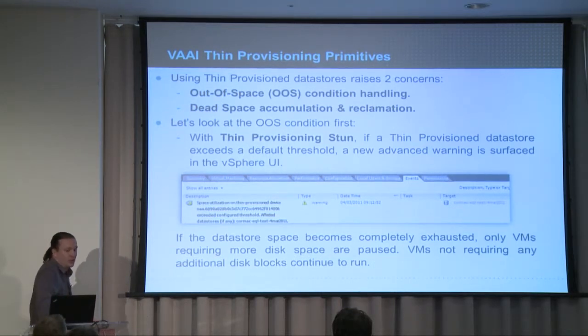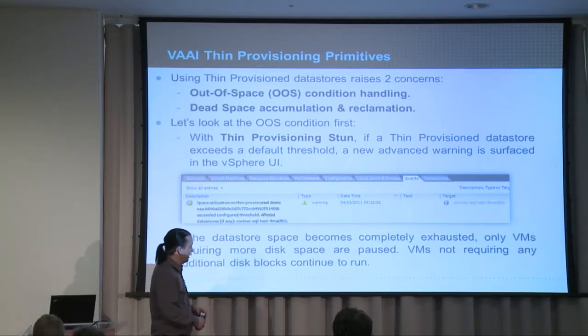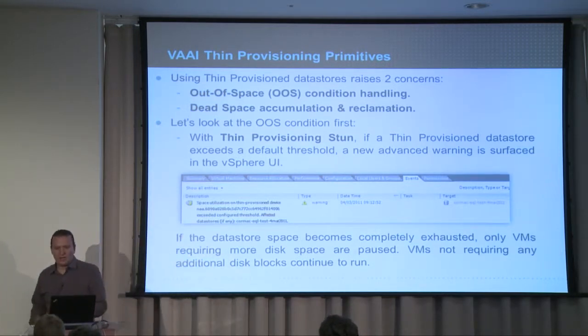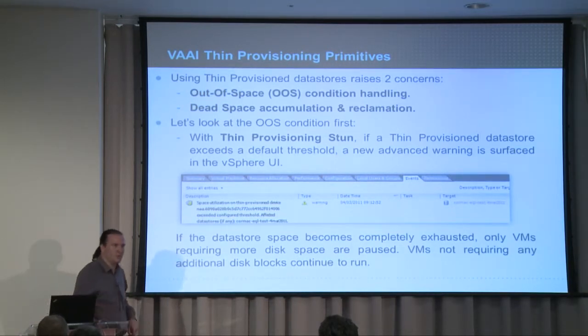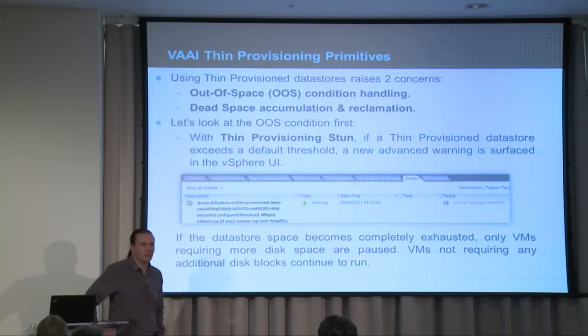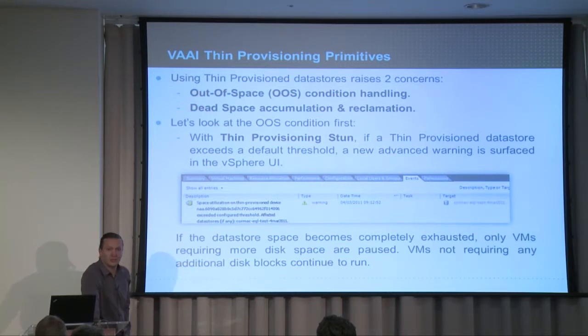And not only that, we can stun individual VMs, and then VMs which are not requesting extra space can carry on. It's VDI, almost everything's thin provisioned, right? So if you're using MCS or PVS, your delta files can grow and you may run out of space, but at least only the ones that need the extra space are going to die, and the rest will keep on working, and you can hopefully do something about it.